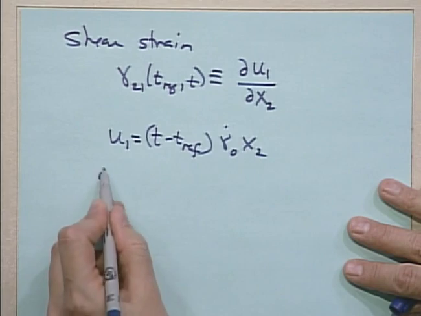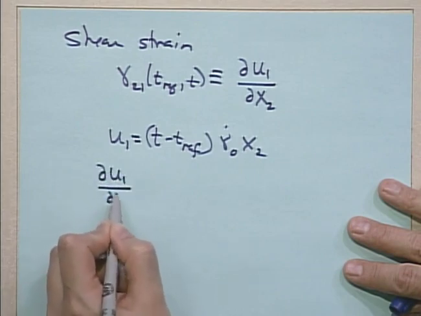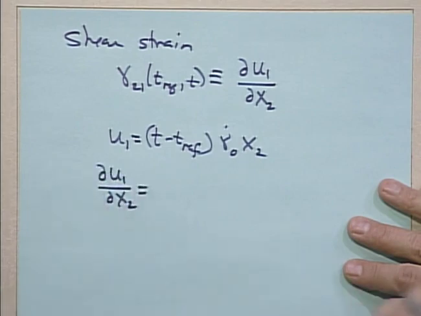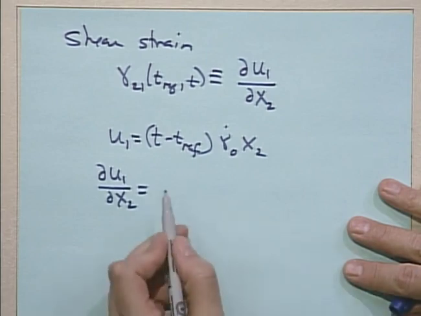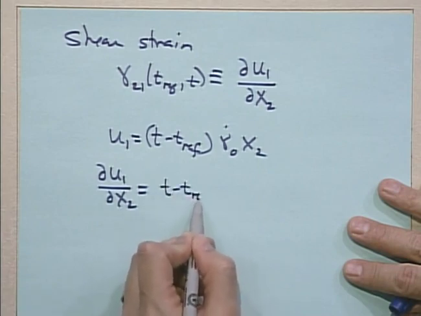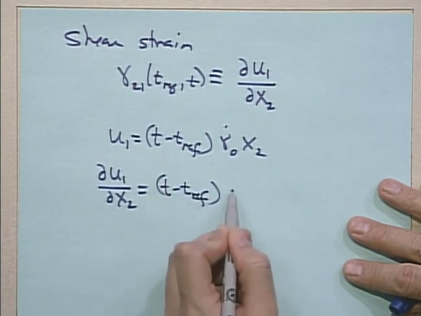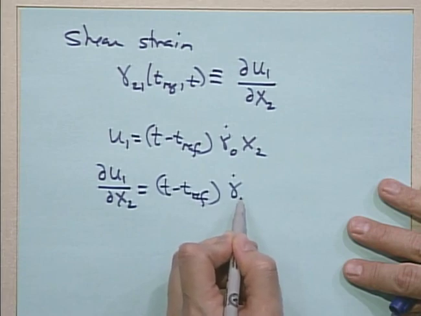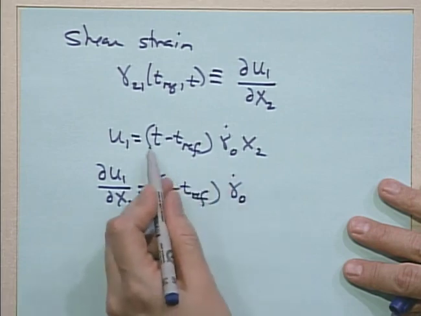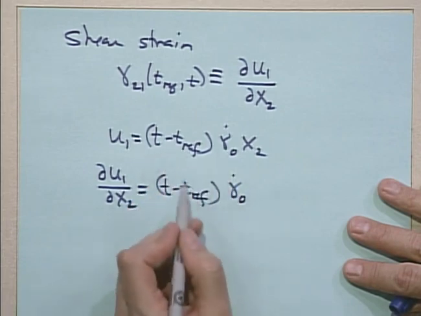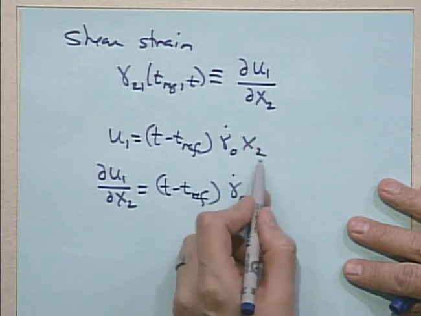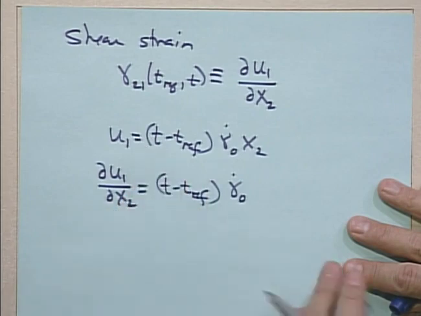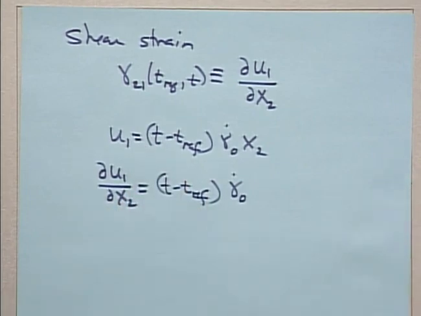So what's the partial derivative of u1 with respect to x2? Gamma dot naught. Right. t minus t ref times gamma dot naught. This is a constant, and time is held constant. And we take the partial derivative, and because there's just an x2 there, it just becomes the coefficient in front.